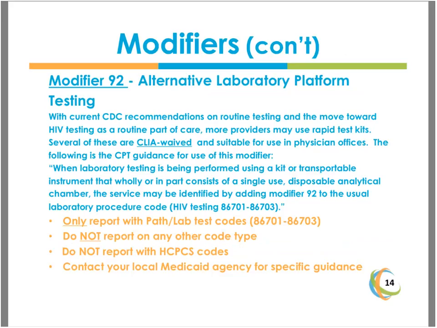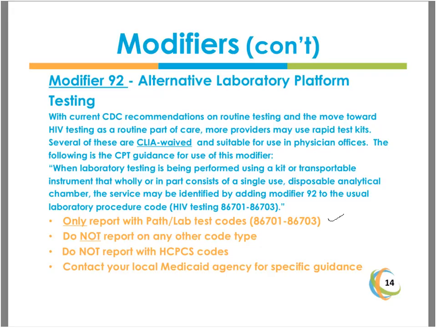The commonly used modifier in this segment would be Modifier 92, which is an alternative laboratory platform testing. And then here's just some information regarding the explanation of what Modifier 92 is. This modifier is only reported on CPT codes, and I gave some examples of the CPT codes in parentheses.